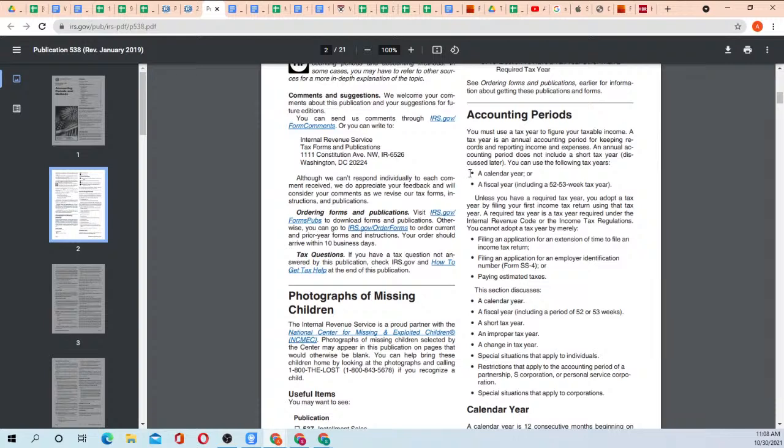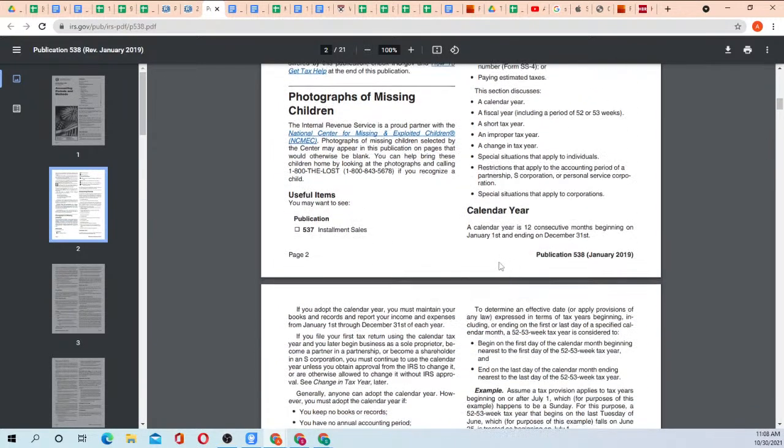Accounting periods. So basically it's a calendar year or a fiscal year, which can be different from the calendar year. If you happen to deal with an entity with a fiscal year different from a calendar year, you now know where to go to look for details.